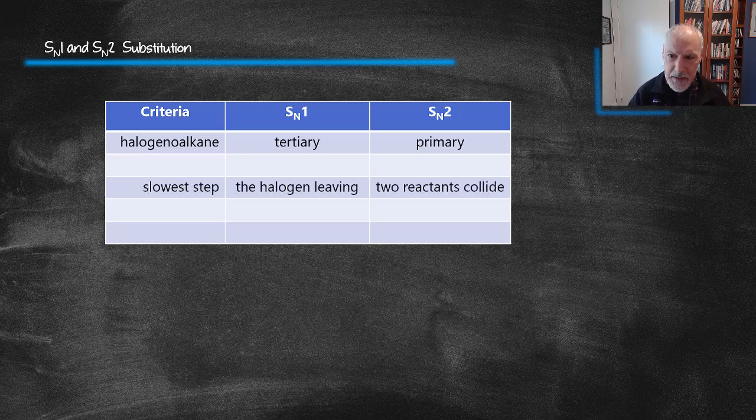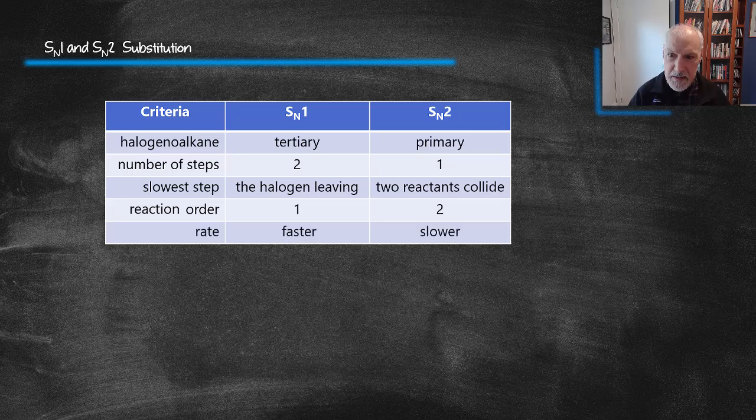The slowest step in SN1 is a unimolecular process, the halogen leaving, whereas in SN2 it's a bimolecular process, where the two reactants collide. The reaction orders are 1 and 2 respectively. The number of steps involved, though, is different. 2 steps for the SN1 mechanism and 1 step for the SN2 mechanism.